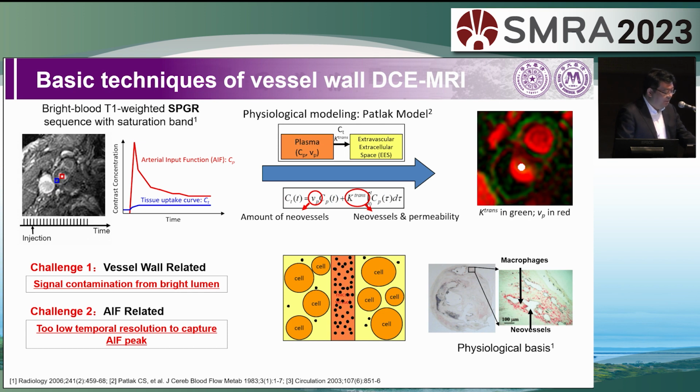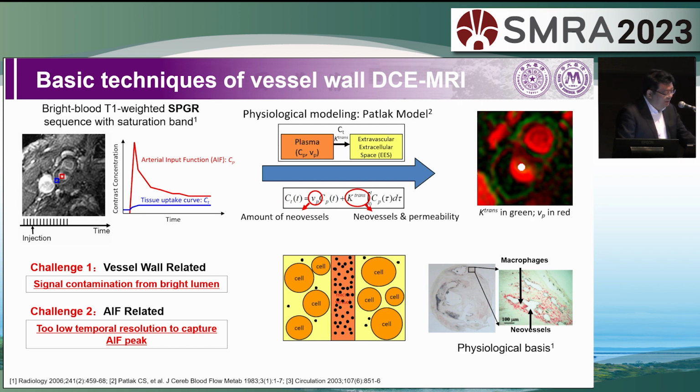And then we can acquire two curves. One curve is the AIF extracted from the lumen, and the other is the tissue uptake curve extracted from each pixel inside the vessel wall. Then we can use a pharmacokinetic model, such as the Patlak-like model, to generate Ktrans and vp for each pixel inside the plaque.